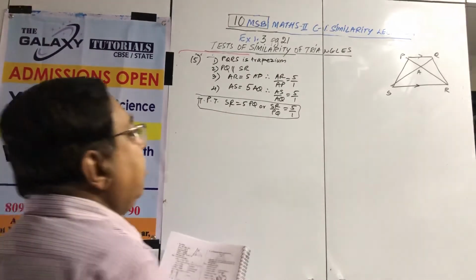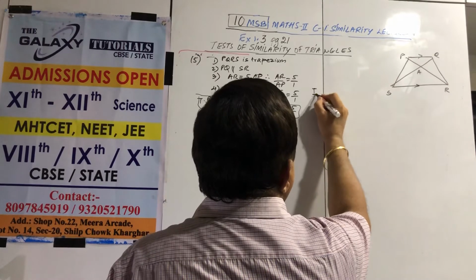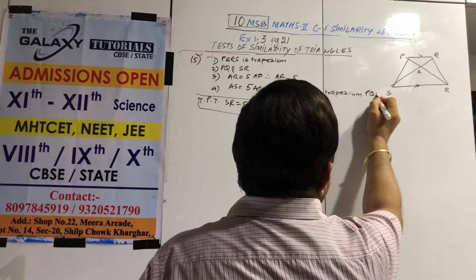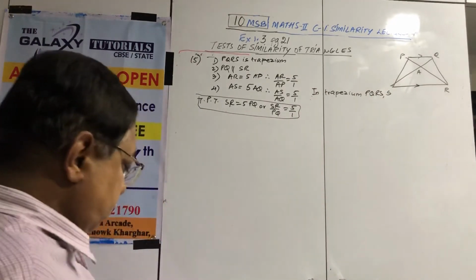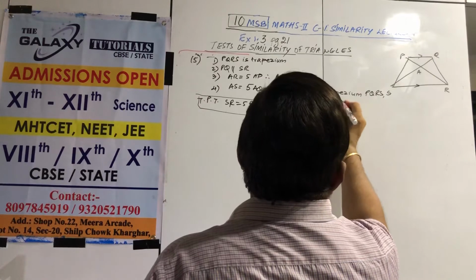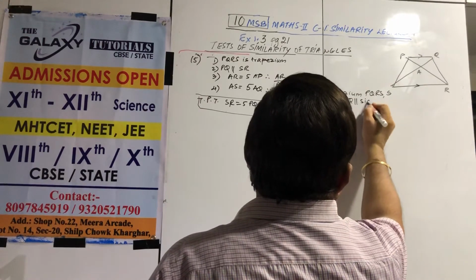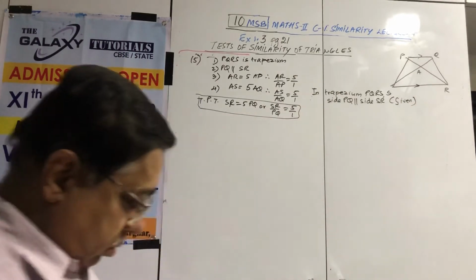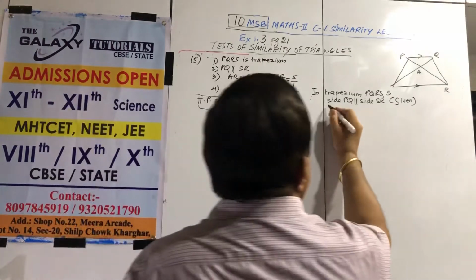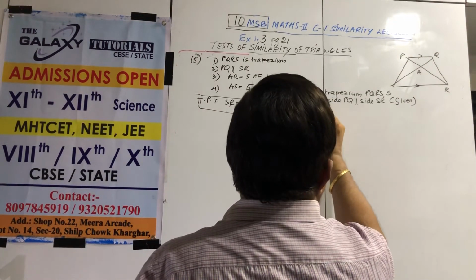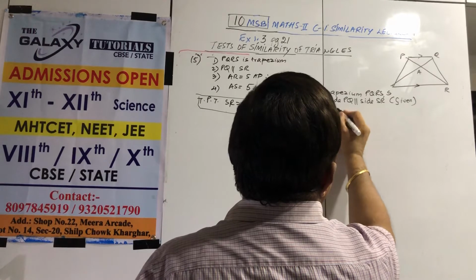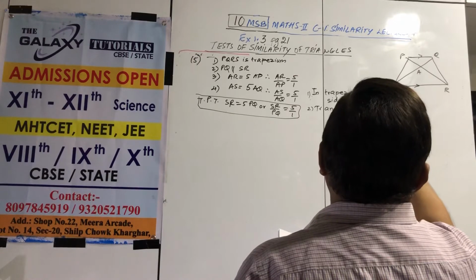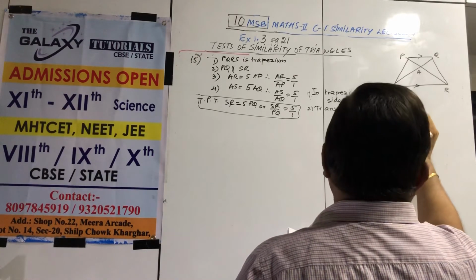We have to prove this, my friends. So we'll start. In trapezium PQRS, side PQ is parallel to side SR, given. Then transversal SQ intersects them.